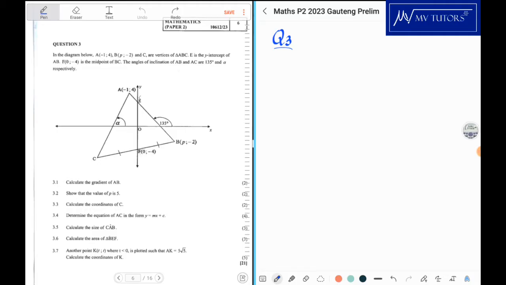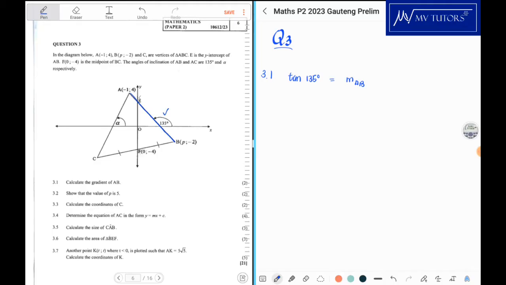So 3.1: calculate the gradient of AB. There we see AB, and we've already been given the angle of inclination. So we can use our formula where tan 135 is equal to the gradient of AB.